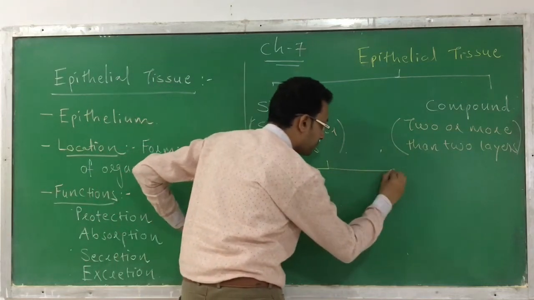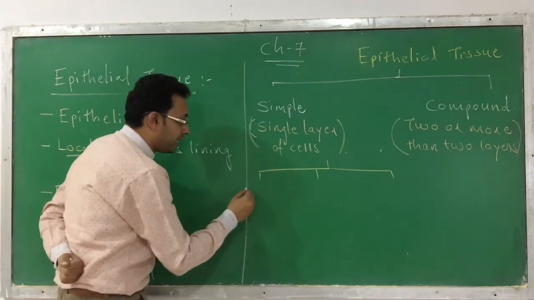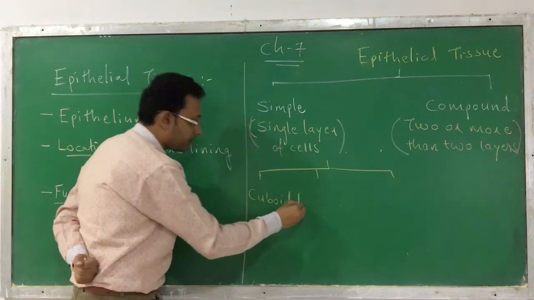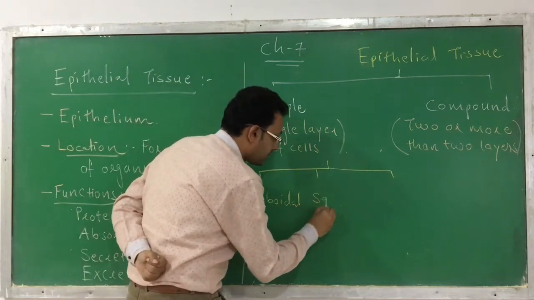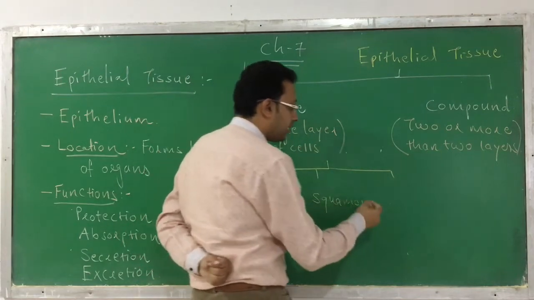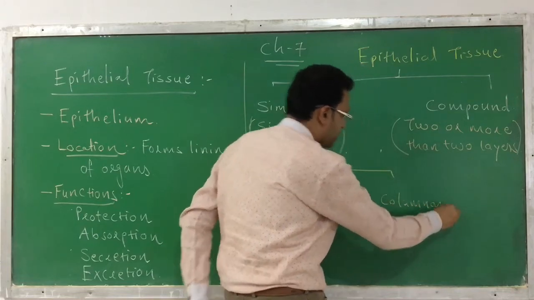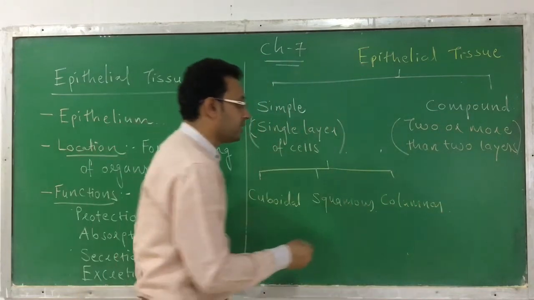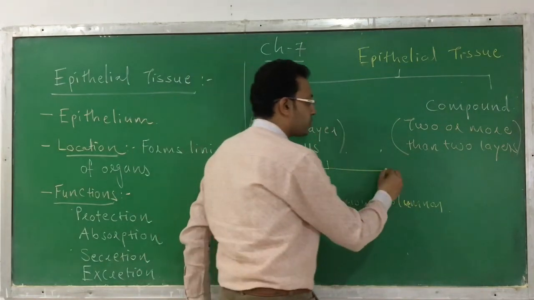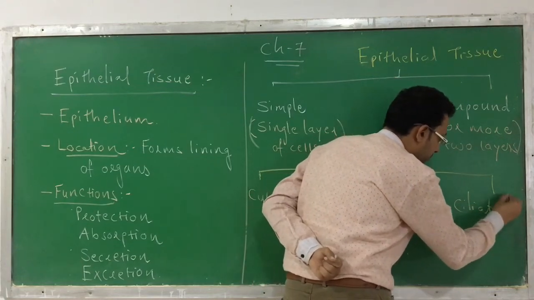The usual types are: first, cuboidal epithelial tissue; second, squamous epithelial tissue; third, columnar epithelial tissue, where the shape changes; and a few also classify a fourth one, ciliated epithelial tissue.